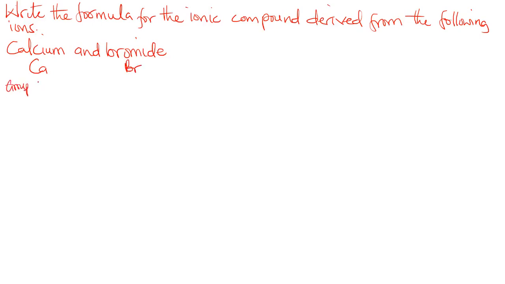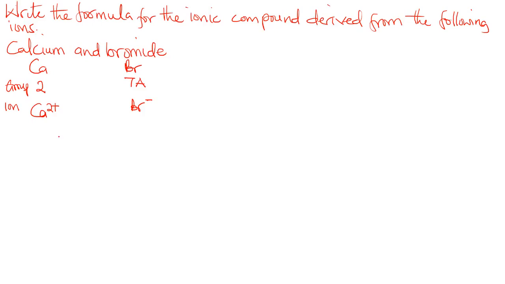Calcium is in group 2, bromide is in group 7. So because calcium is in group 2, therefore the ion is Ca2+. Bromide ion is in group 7, so the ion will be Br-1.